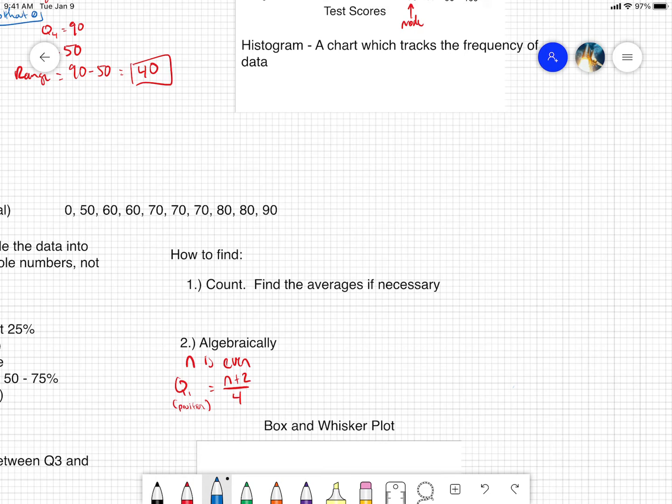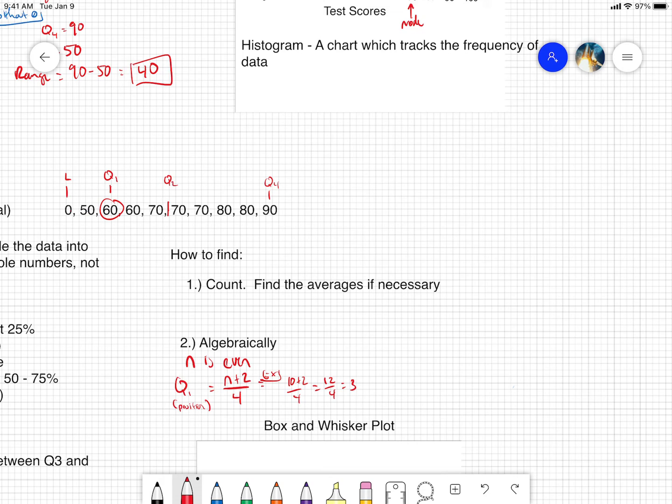If n is even, here we have L, here we have Q4, and here is Q2. If n is 10, we have 10 plus 2 over 4, which is equal to 12 over 4, so it's in the third position. So if we included 0, it would be an even one, and our Q1 would be the third value.